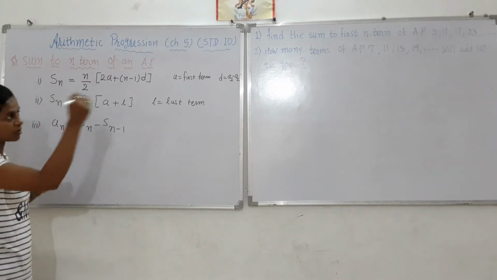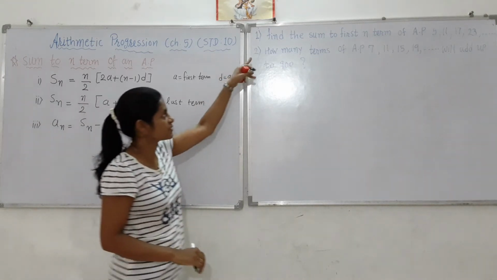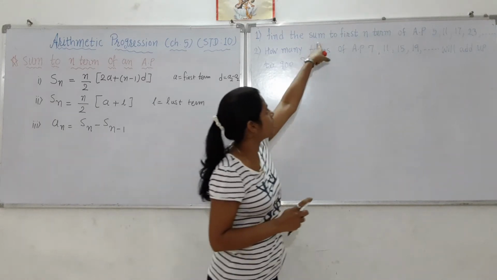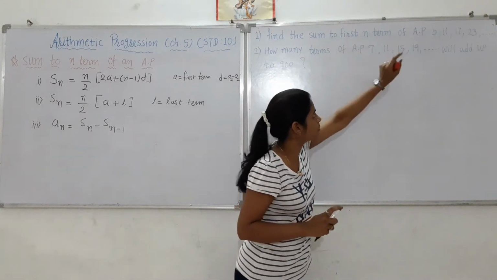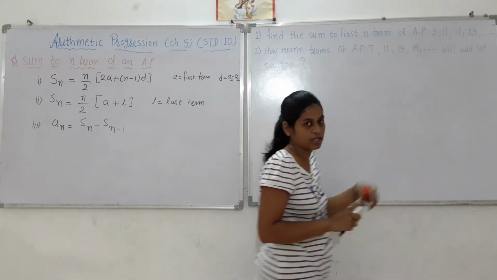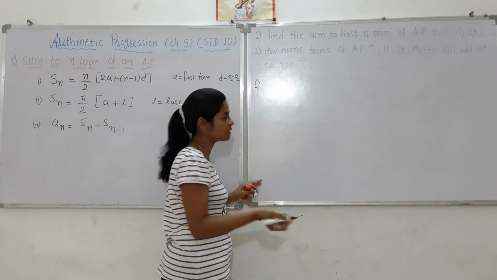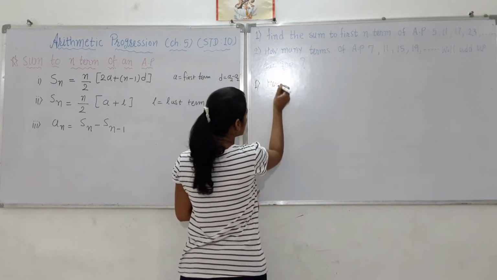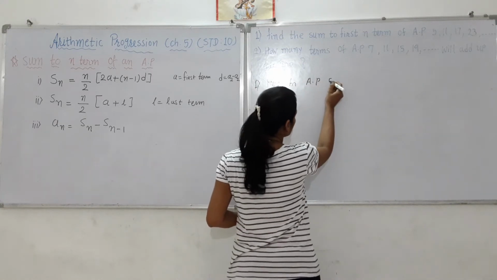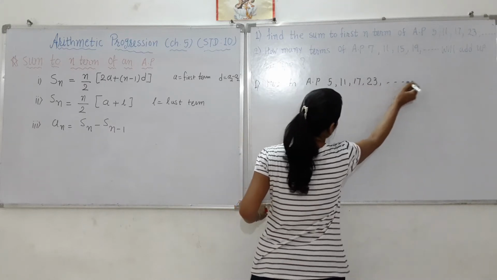We consider two examples for better understanding of these formulas. In our first example, we want to find the sum to the first n terms of the arithmetic progression 5, 11, 17, 23 and so on.